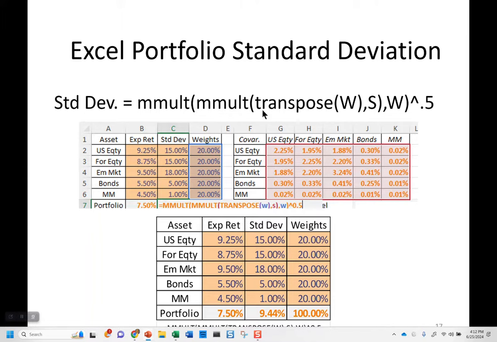I'm going to do an MMULT of the transpose of the weights times the covariance matrix. Covariance matrix I'm going to call S. Column vector of weights I'm going to call W. And then that resulting matrix is going to be multiplied again, using another matrix multiplication, times the W's. I'll take all that to the 1/2 power to give me a standard deviation.